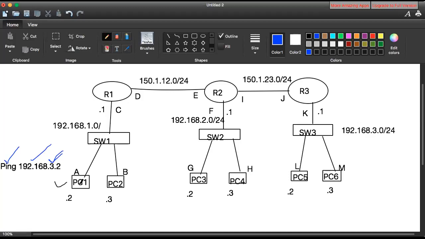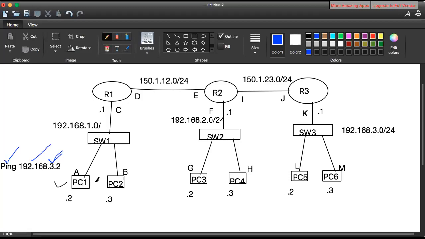Now PC1 has determined that this is not in my network, this is somewhere else. So in order to send this echo request, I have to send it to my default gateway, and that's where you would configure the default gateway. If you don't configure a default gateway, PC1 is going to drop it right here, saying I don't have a default gateway to reach, hence I'm dropping it.